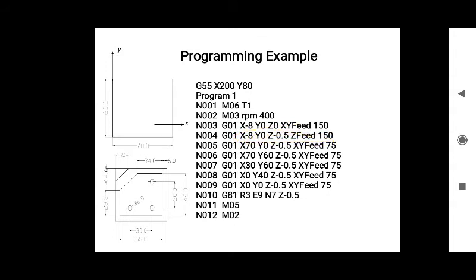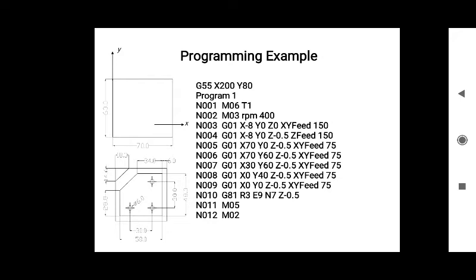Now in the next block we are giving the instruction that the cutter should move horizontally, so the coordinates are going to change, that is X will be X70, Y0 and having Z 0.5, that is the depth of cut. Okay, and with the feed 75 per minute.